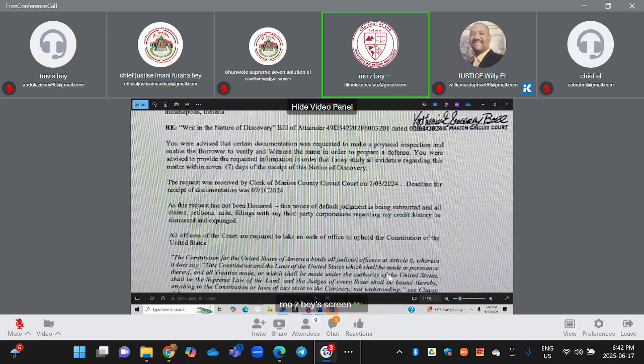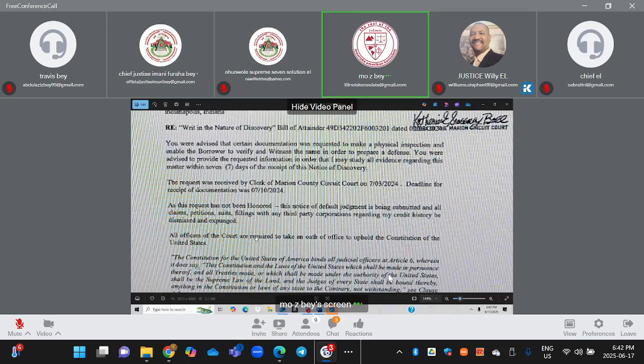Deadline for receipt was this date. So when they fail to respond by this date, it made it law. So as this request has not been honored, this notice of default judgment is being submitted, and all claims, petitions, suits, filings with any third-party corporations regarding my credit history be dismissed and expunged.